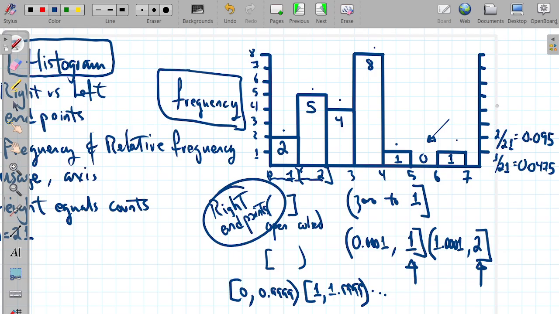So the 4 count here, 4 out of 21, is going to be 0.19 unless I've screwed up. And then we have 5 out of 21, so that's going to be 0.2375, I believe. And then we have 8 out of 21, which is 0.38.